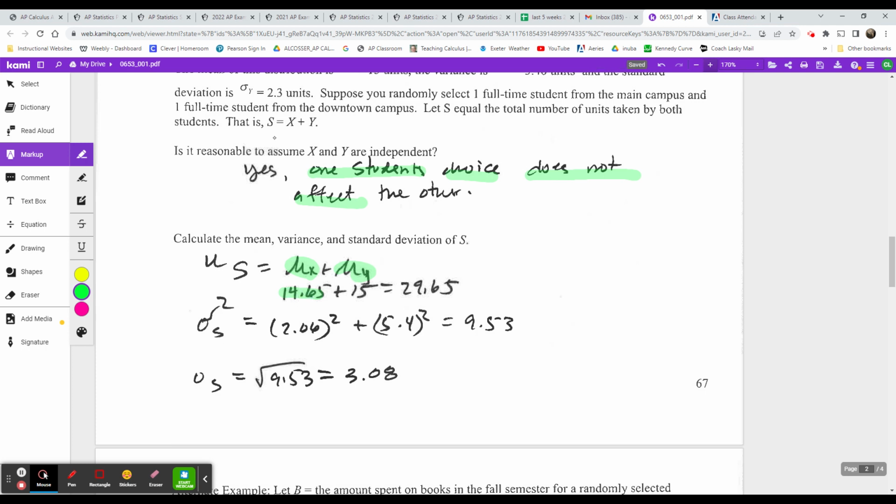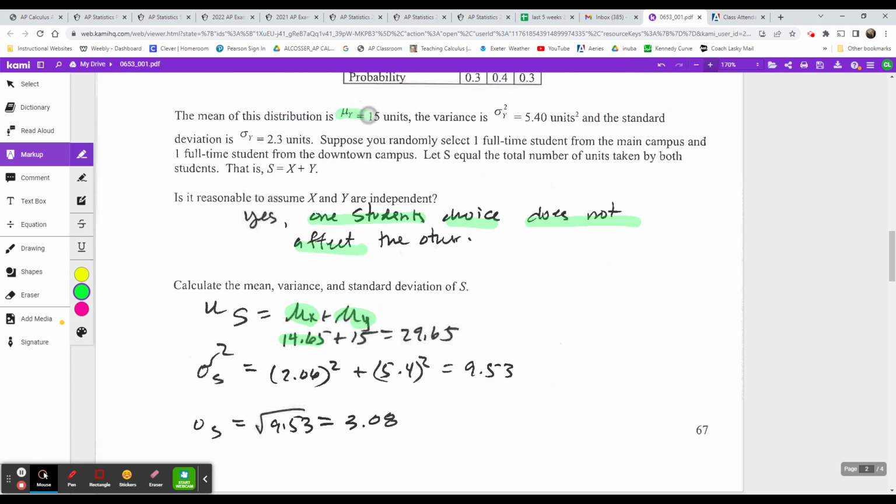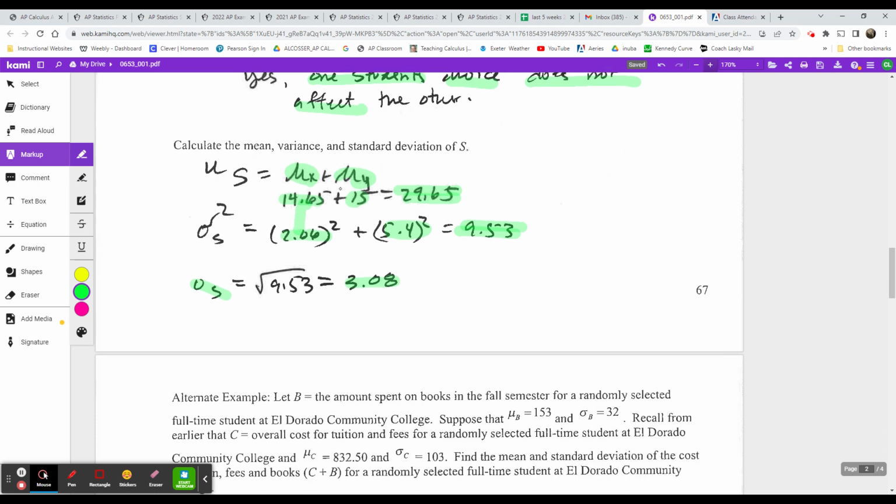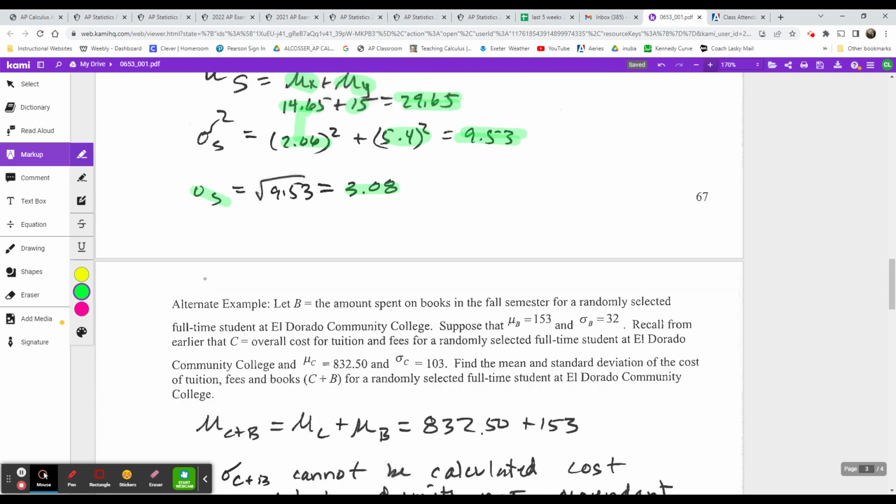They give us 15 in this one, right here. We add those up, and it's 29.65 units. If we're looking for the variance, it's the unsquare-rooted version, so the variance is 9.5. Again, this comes from the same data as the problem where they give us the values. Then we get a standard deviation of 3.08, and you can interpret those from there, but we just wanted to calculate the two.